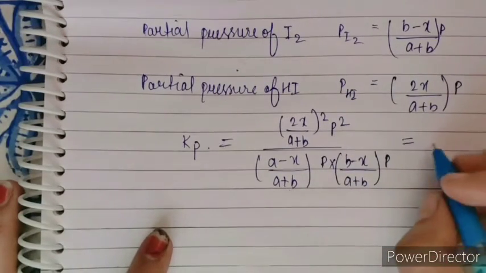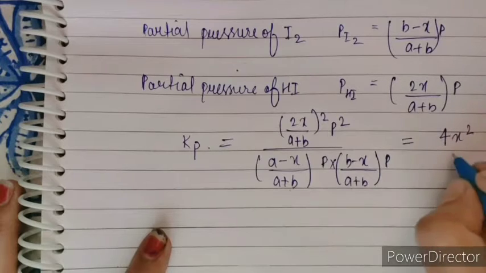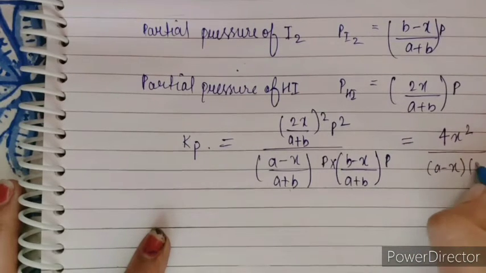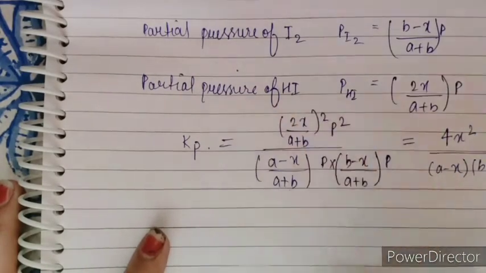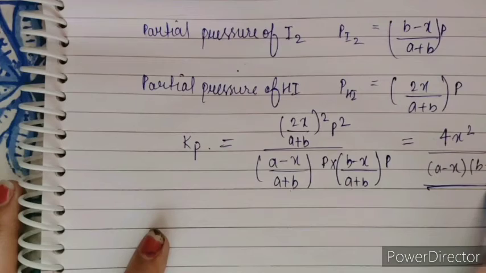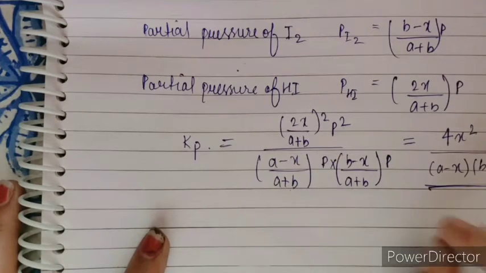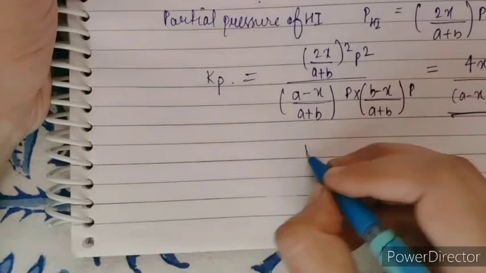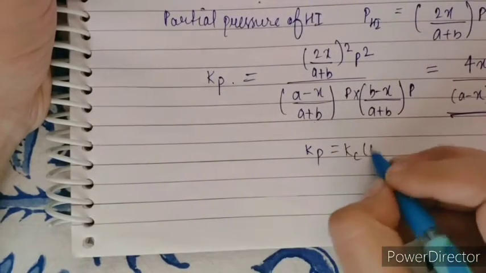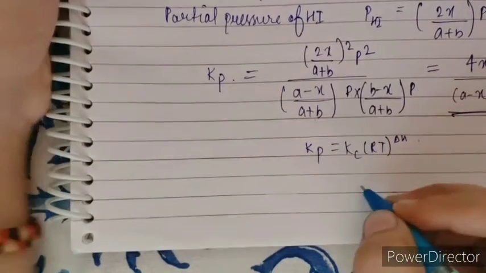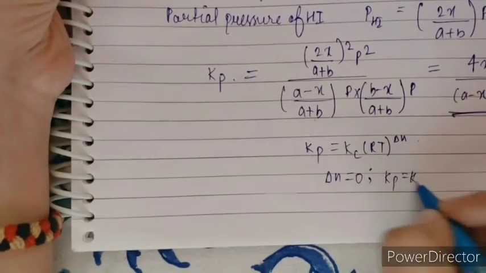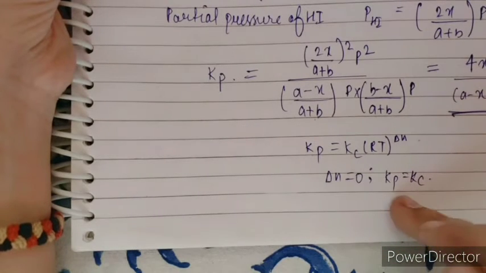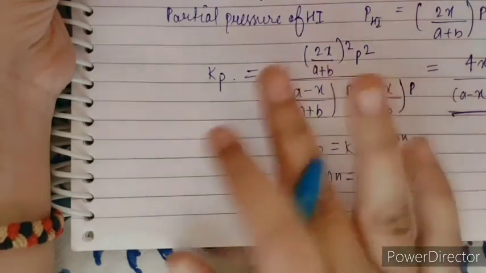After solving this we will get 4x squared by A minus X and B minus X. All the common values cancel out, and then we get this final answer. This also follows the relationship Kp equals Kc (RT) to the power delta n. Here delta n is equal to 0, which means Kp is equal to Kc. That means for all gaseous reactions of this type Kp and Kc are equal and have no unit.